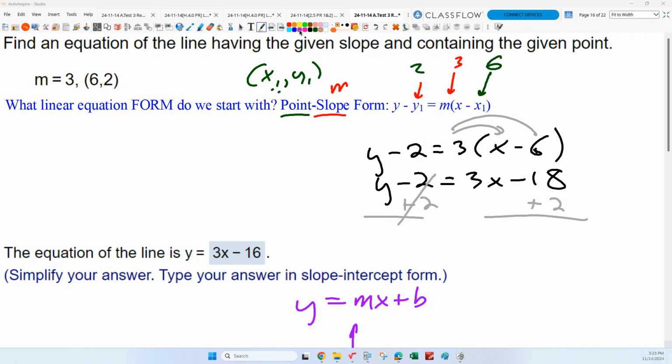And we end up with the equation y equals what? 3x minus 16. Negative 18 plus 2 would be minus 16. Okay, good. Good?